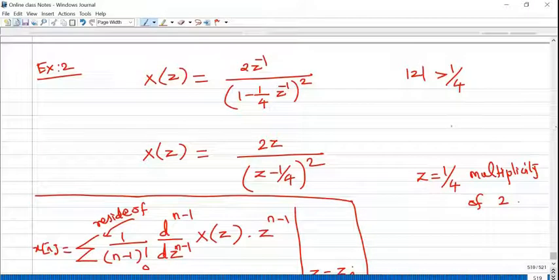So what I told you in the beginning of this problem, let us assume in this example one more pole is available here. I'll show you.